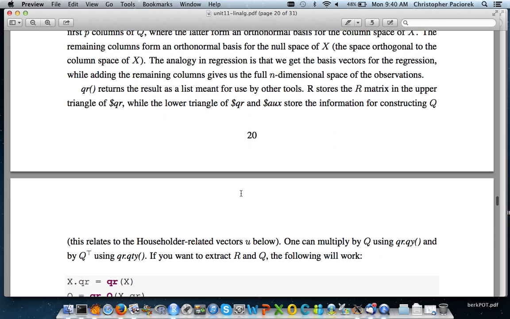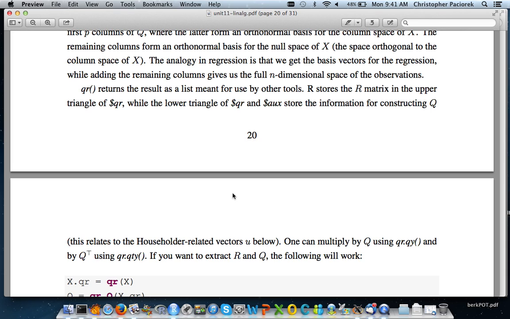And basically, if you look at the result of using the QR function in R, it's returning a single matrix, and the upper triangle is the R factor, and the lower triangle is numbers that give you information about how Q is constructed, in particular using the Householder transformation approach that we're going to talk about in a second.